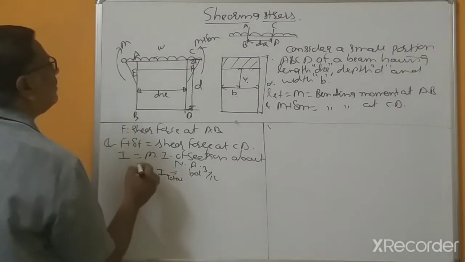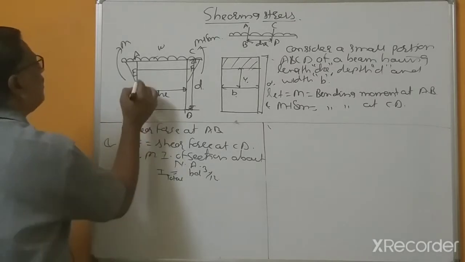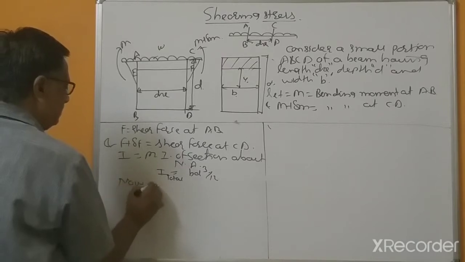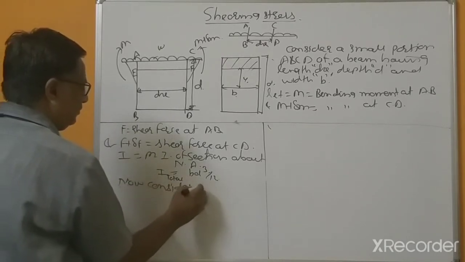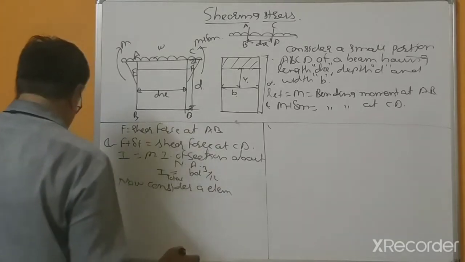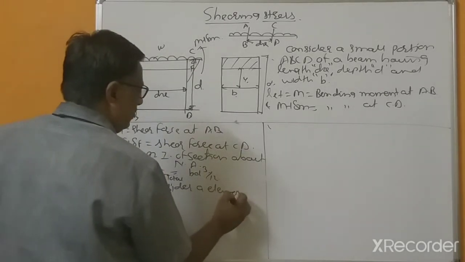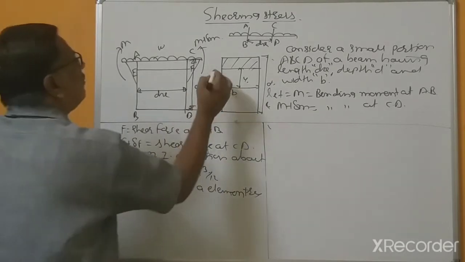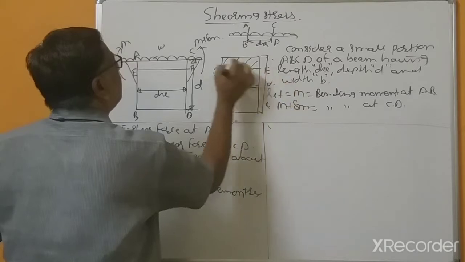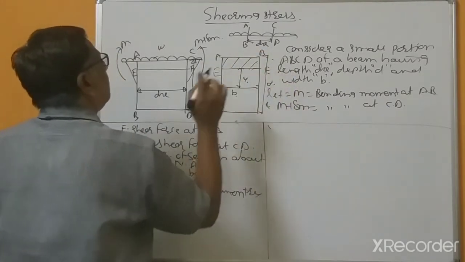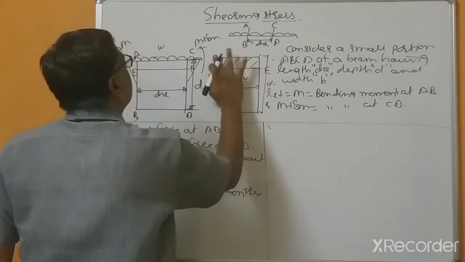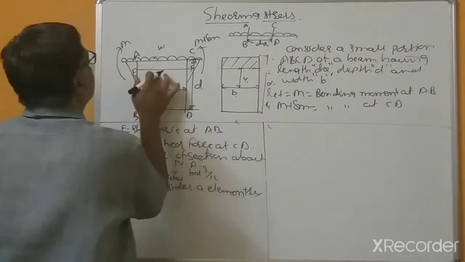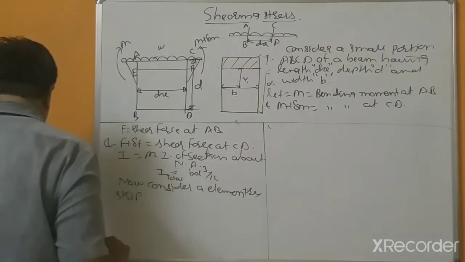Now consider an elementary strip EF. So this is EF, not AB, because this is the front view and this is the side view.